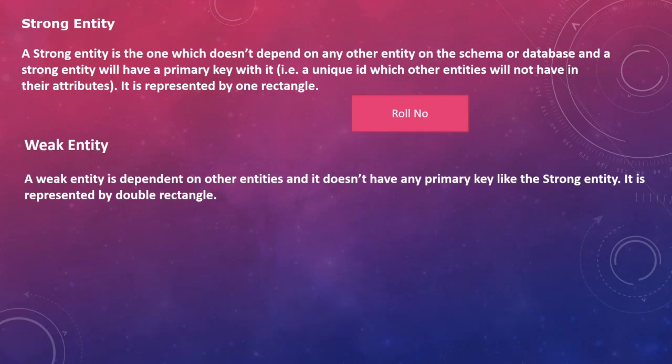These weak entities are represented using a double rectangle. So a weak entity is an entity which depends on other entities and cannot have a primary key.